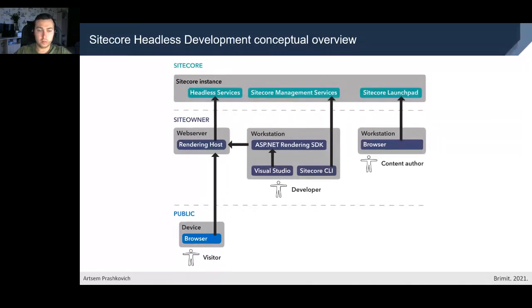Then the Sitecore CLI is also an important part of the rendering host solutions. Maybe it is not necessary, but for our project we use the Sitecore serialization, which requires using the Sitecore CLI. To allow using the Sitecore CLI, you have to install Sitecore Management Service for your solution.